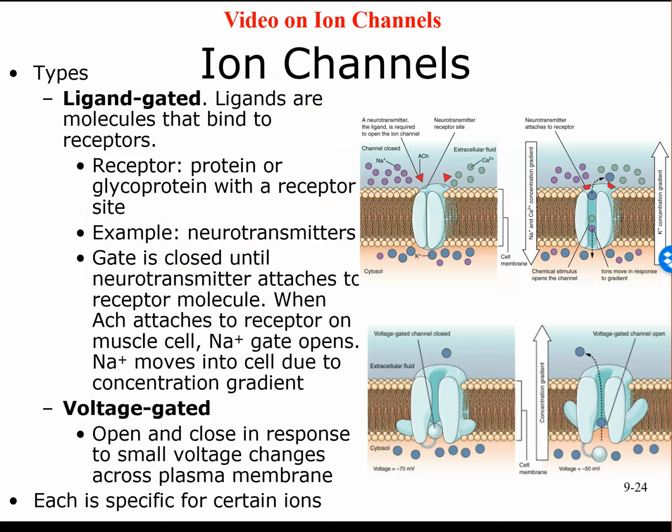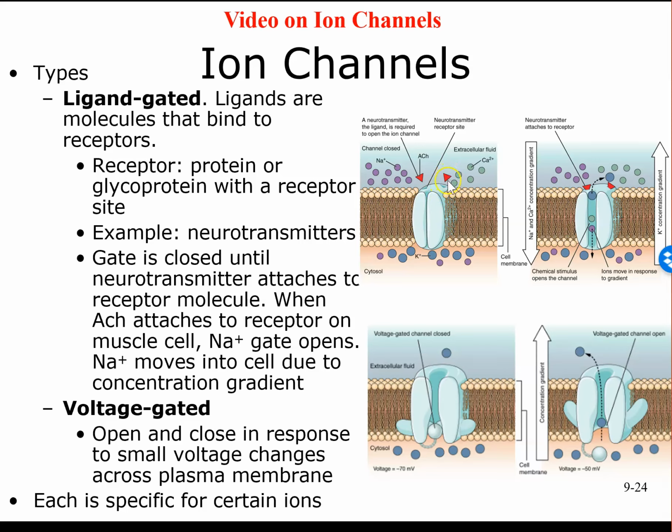So let's review some of the types of ion channels that we have. Ligand-gated channels are really important when we discuss the neuromuscular junction. Do you remember that? We will have a channel which has specific receptor sites that will bind a neurotransmitter.